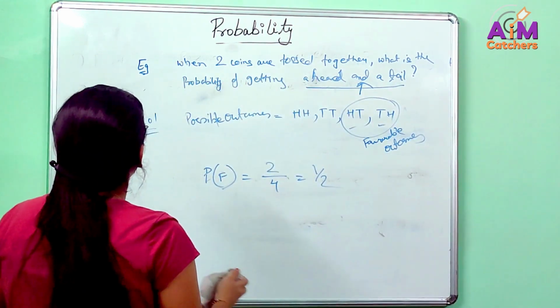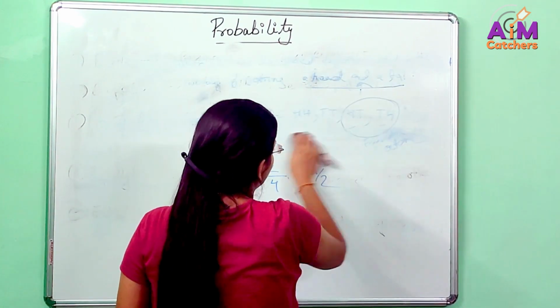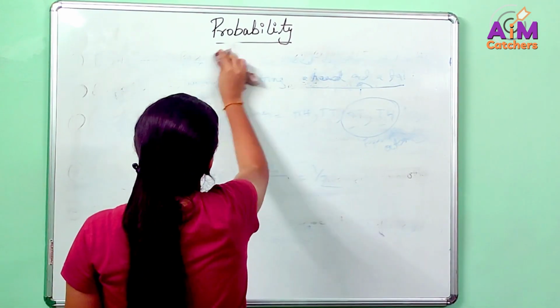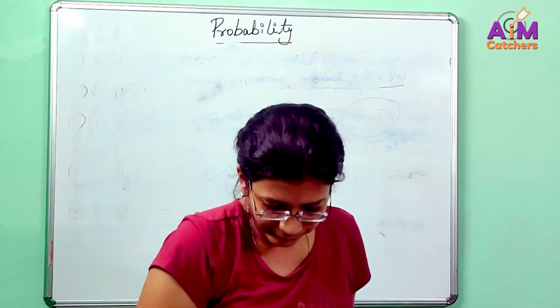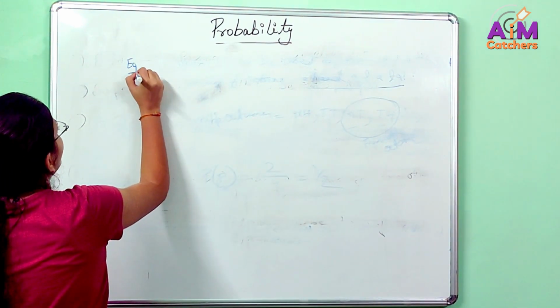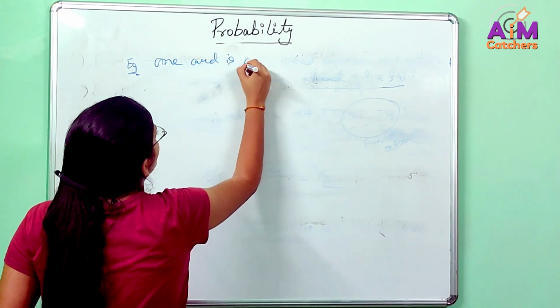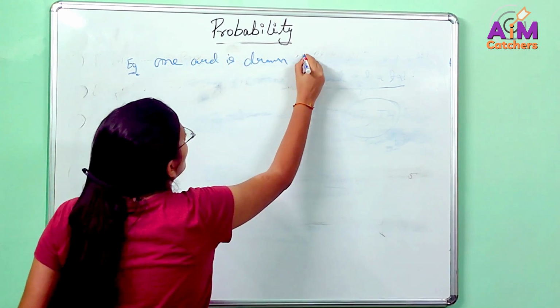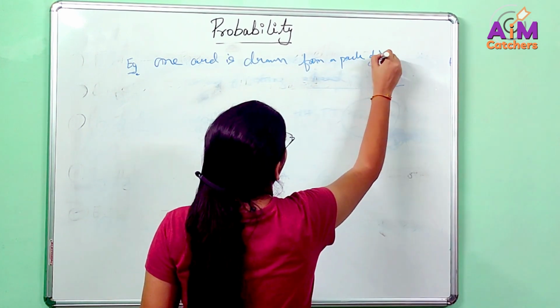Now let's move to another sum. One card is drawn from a pack of 52 cards.